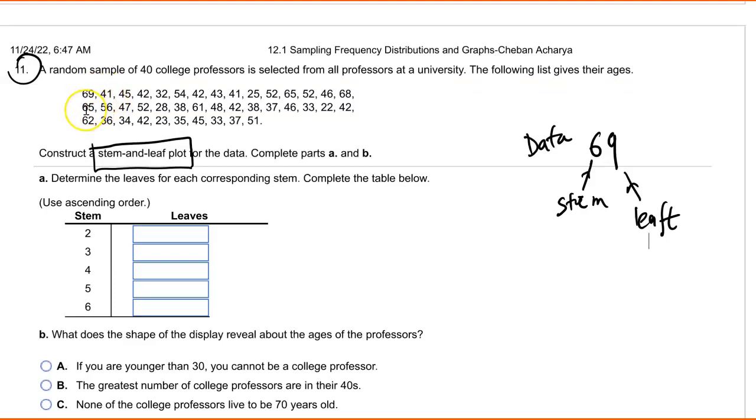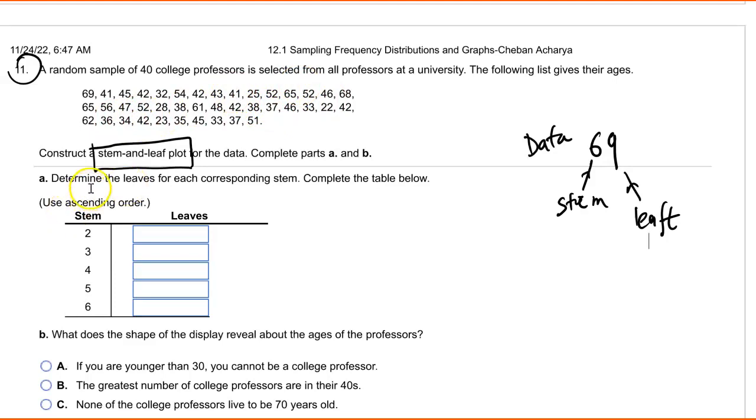And for 65, 6 is the stem and 5 is the leaf. Okay, therefore, you see in this data, we only have stems 2, 3, 4, 5, 6, right? 2 here, stem, 3 here, stem, 4 here, stem, right? That's what you've got to do.